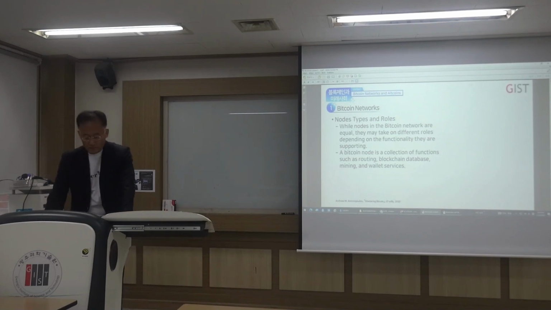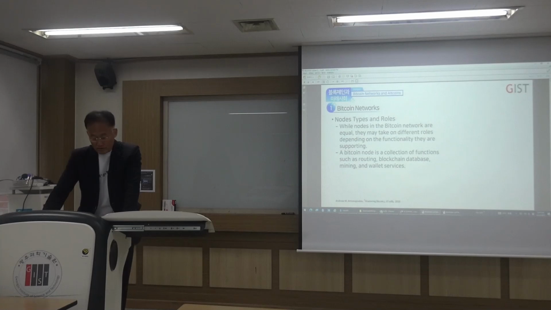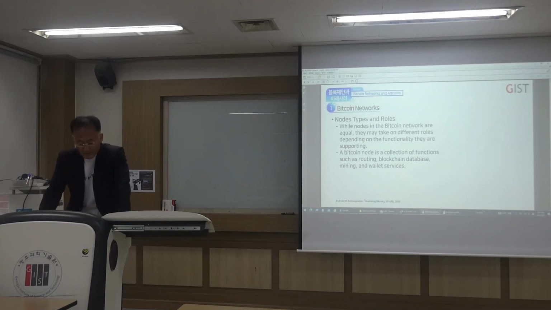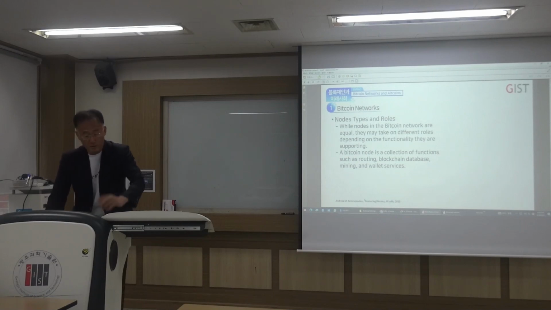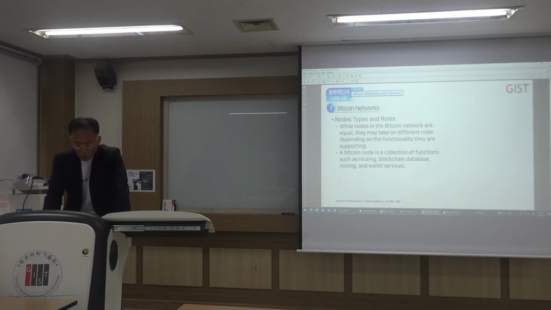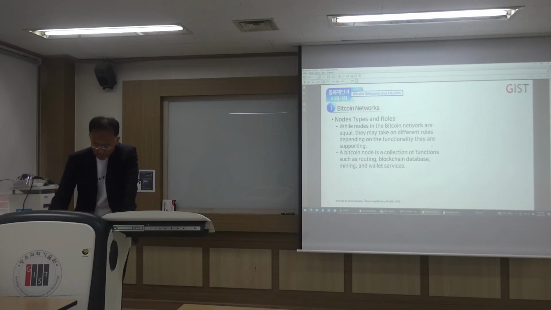And there are many different node types, and for each node type, the role of the node could be different. Okay, so while nodes in the Bitcoin network are equal, they may take on different roles, depending on the functionality they are supporting.